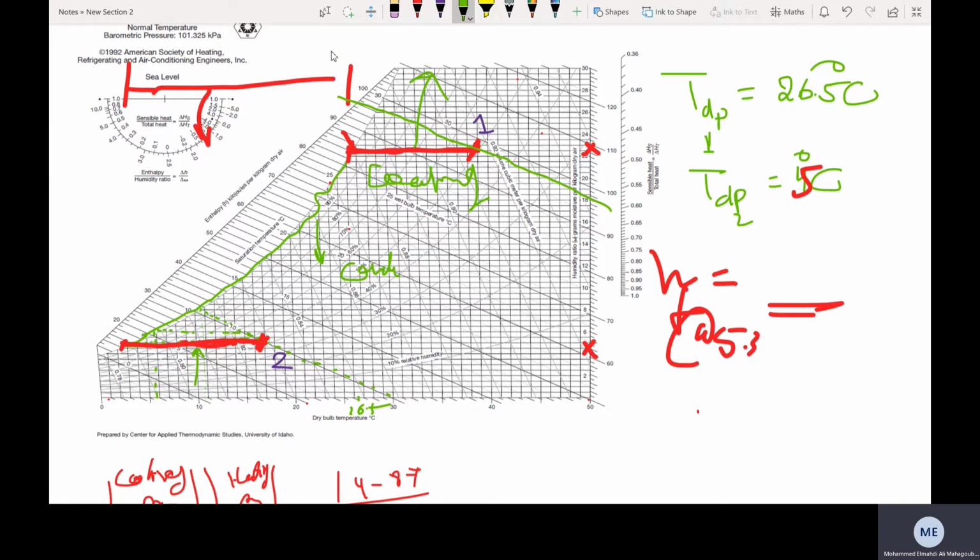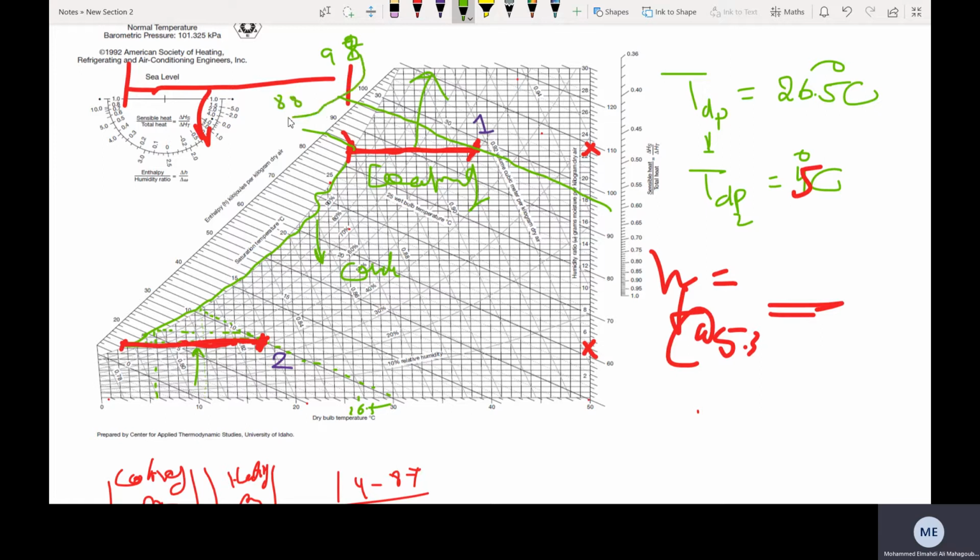Somehow my enthalpy here is 97, or not 97, 98. Yeah, 98. And I can say that my enthalpy here is around 88 as well.